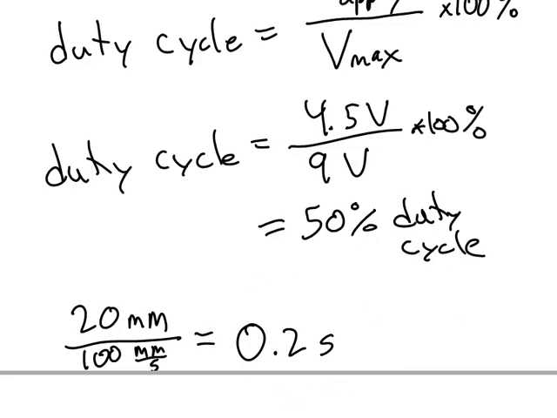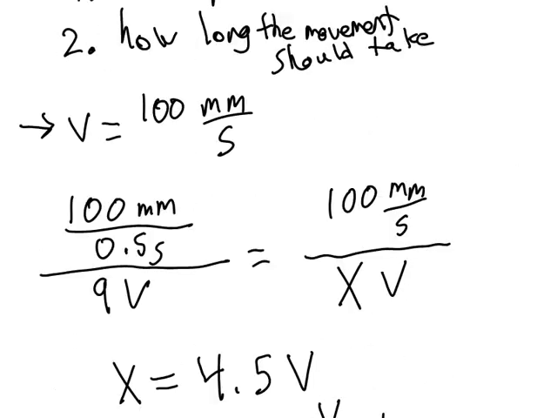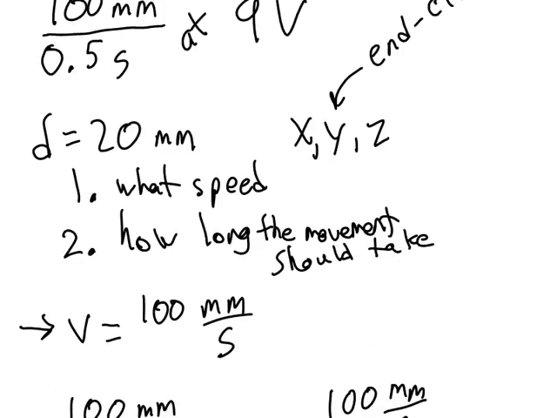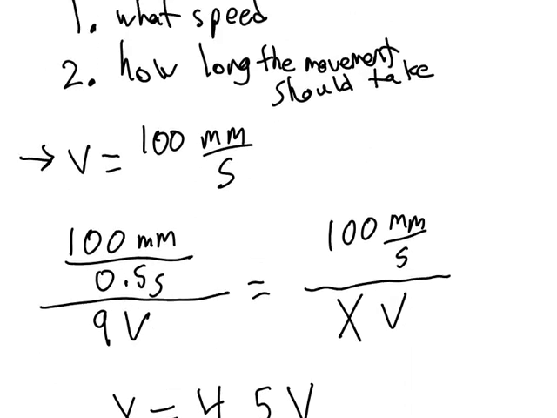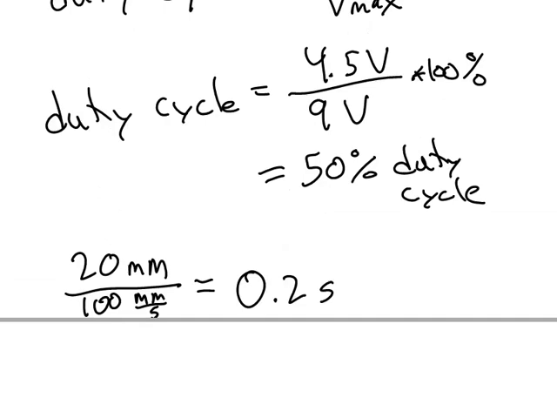And that should get my joint into the position of 20 millimeters at the desired speed that I've set, 100 millimeters per second. Now, this kind of control, which is called open loop control, has some pros and cons that we're going to look at in the next video.